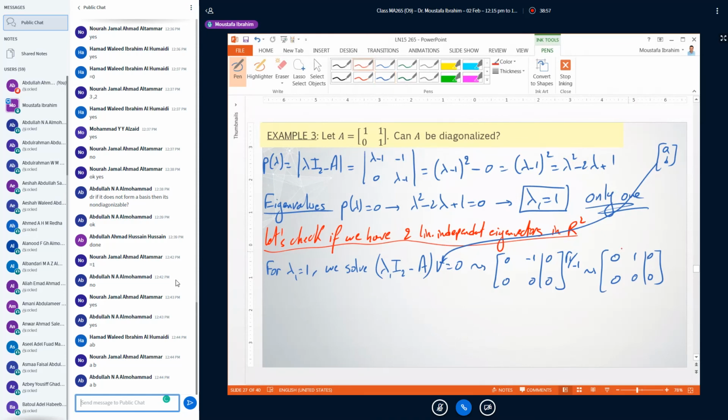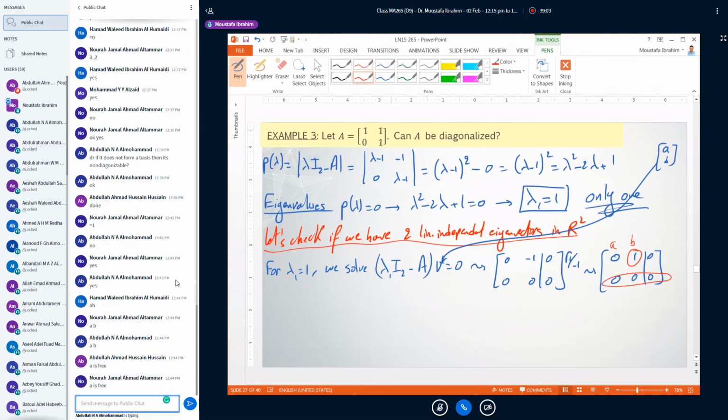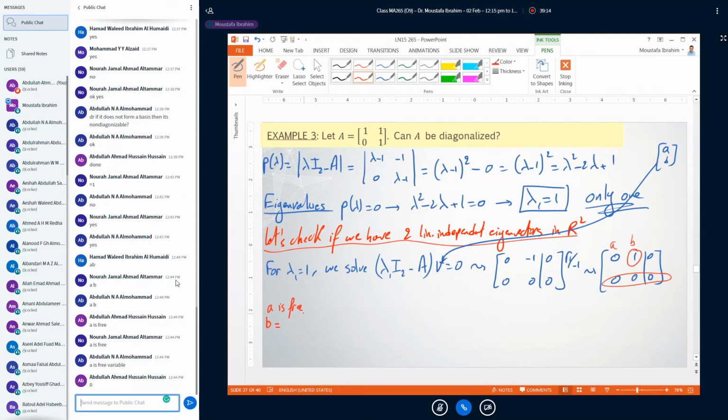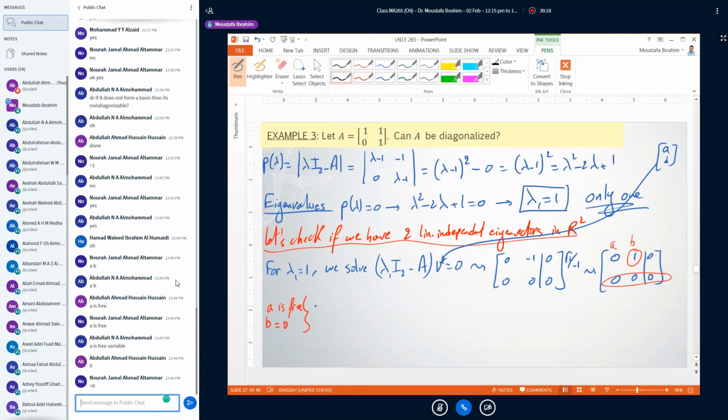So, don't forget, here we have A and B. I have a leading 1 for B. I don't have a leading 1 for A, so A is free, very good. And B equals 0. So let's write V, which is AB: A is free, we keep it, B is 0.